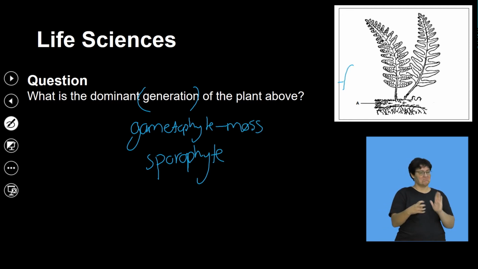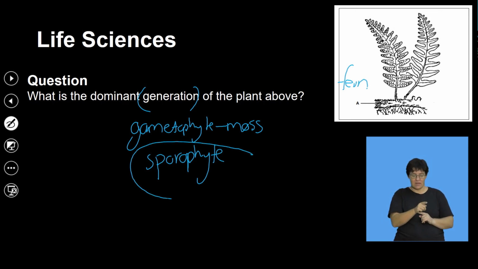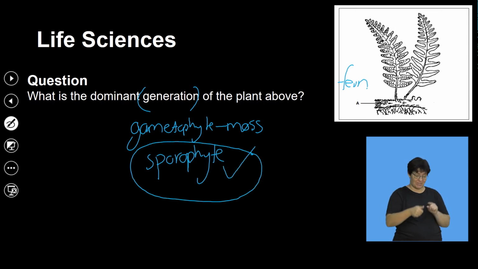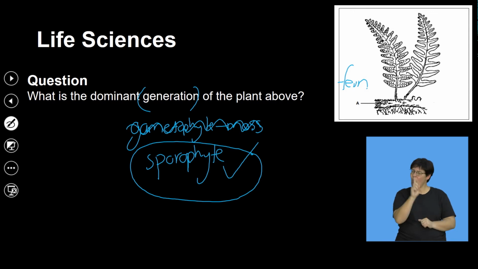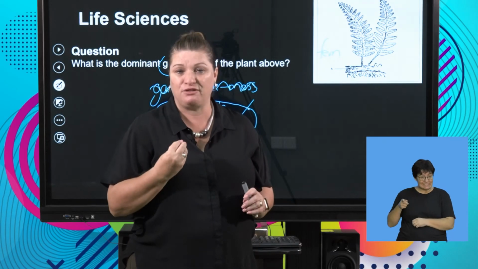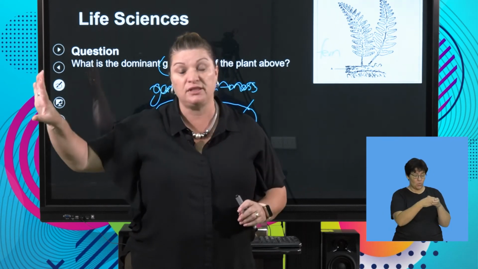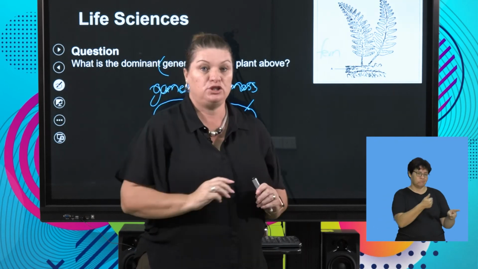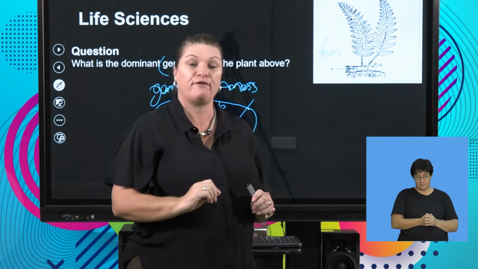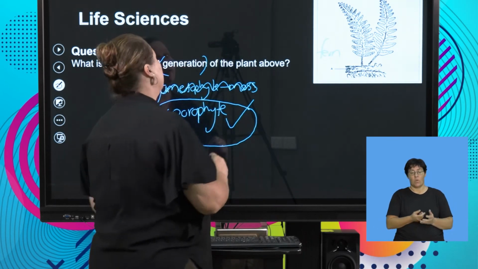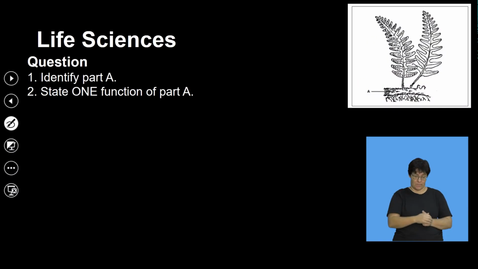What is this? This is the fern. So what is the dominant generation? The sporophyte generation. So please make sure that you know that. The only plant group where the dominant generation is the gametophyte was the moss. For the rest of the groups, everything else that we did, the dominant generation is the sporophyte, the spore-producing generation.